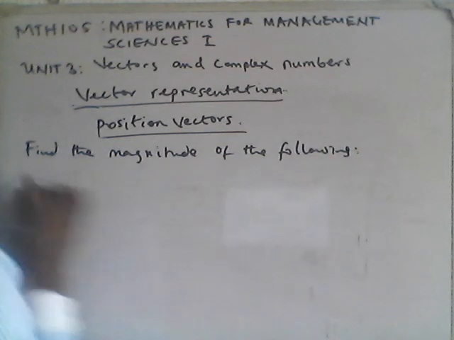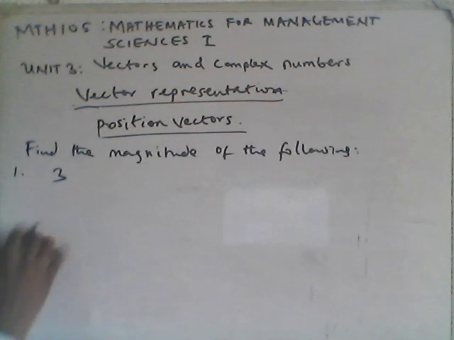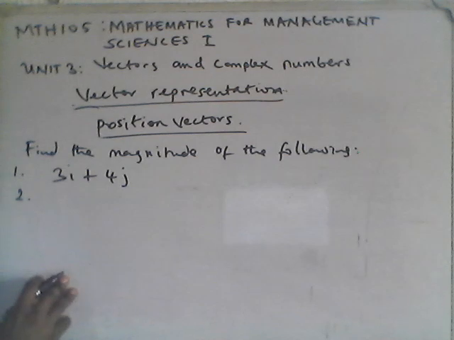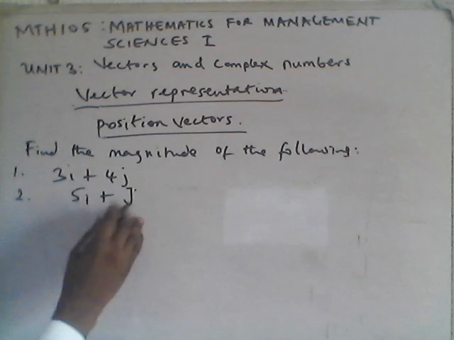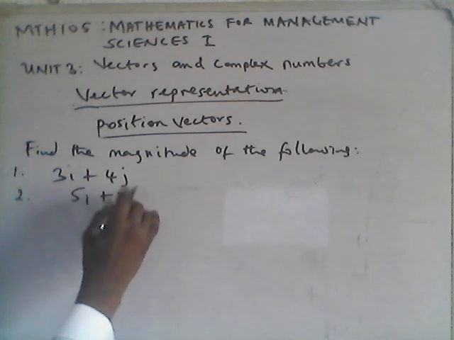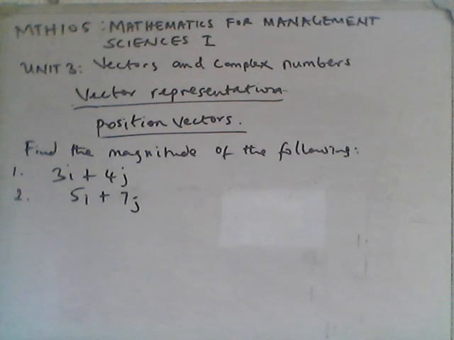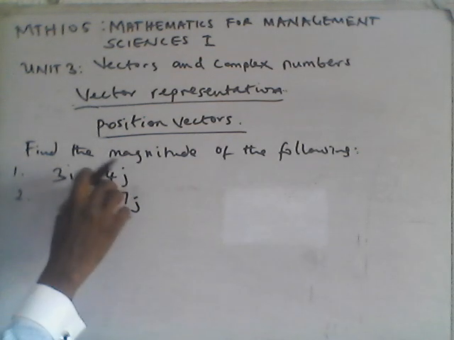Okay, are you following? Number one, we're given a positional vector 3i plus 4j, and number two, we're given a positional vector 5i plus 7j. Okay, so these are two positional vectors. Simply put, this one represents the x component and this represents the y component.